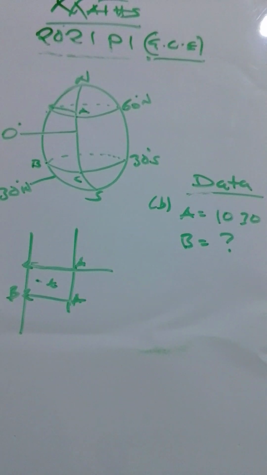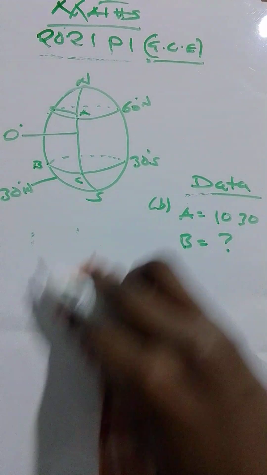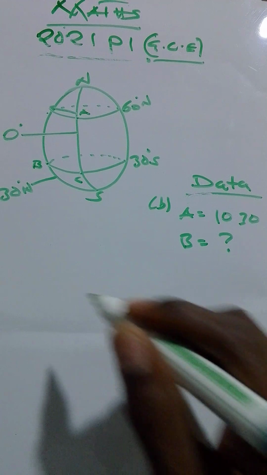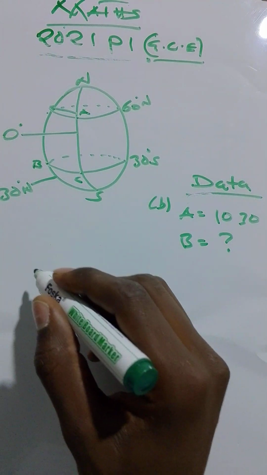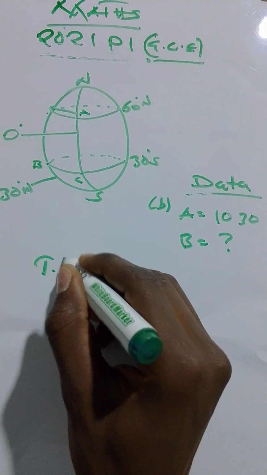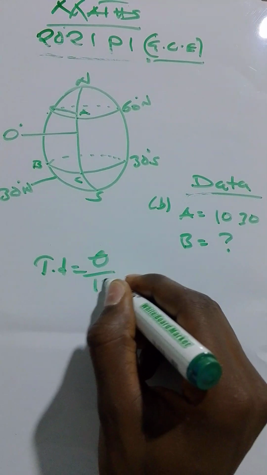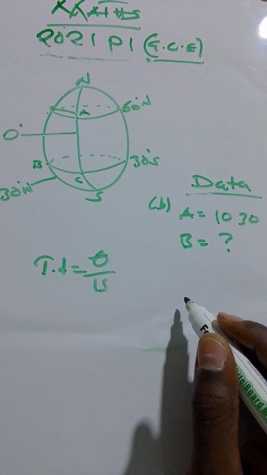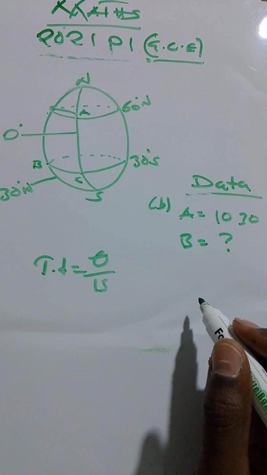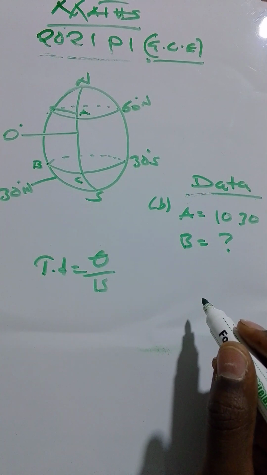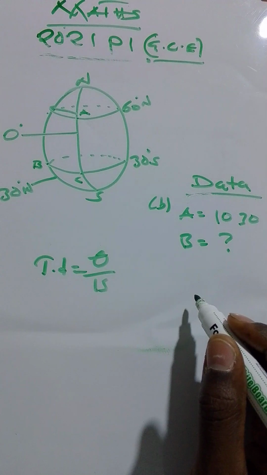So next we find the time difference. The time difference is equal to theta over 15, where theta is the difference in longitudes.